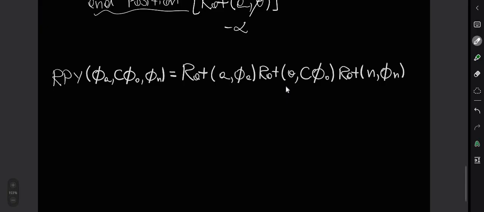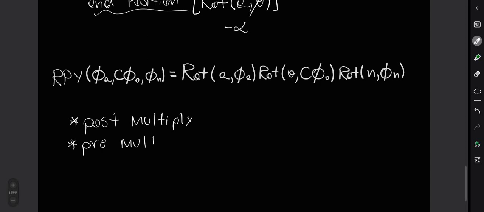So we can post multiply, or we can pre-multiply, which is by the left and by the right.